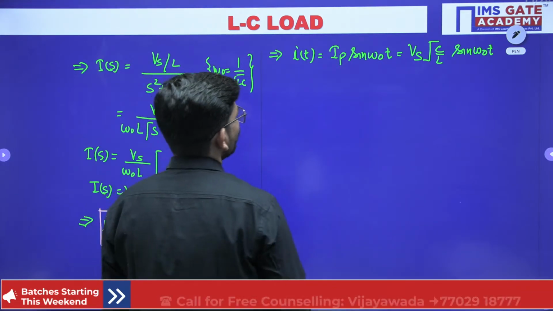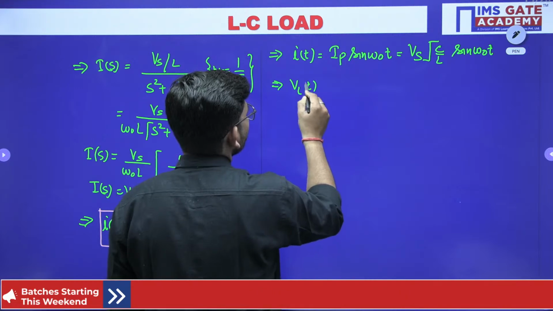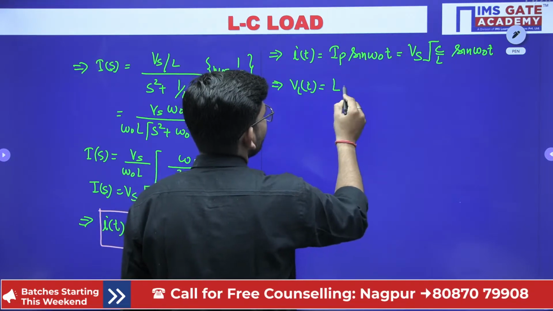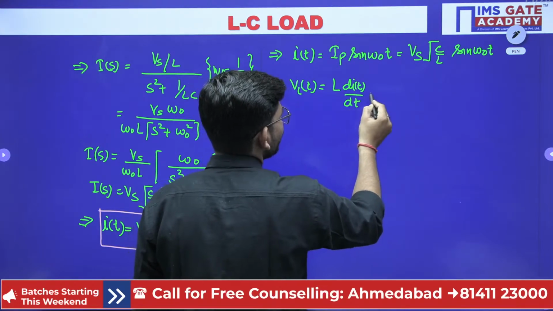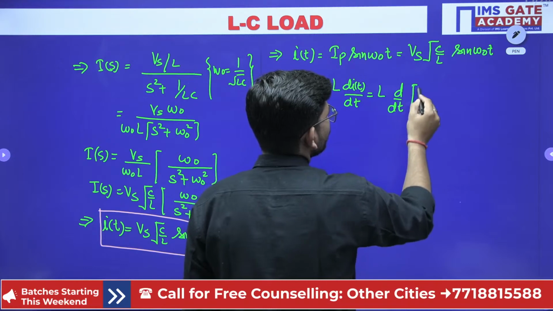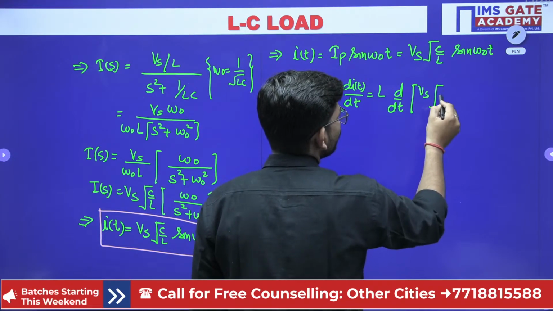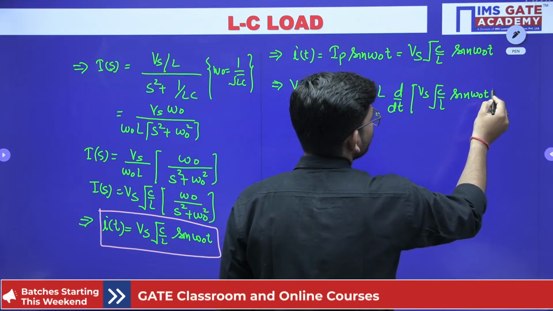Now iT we have obtained. What will be the inductor voltage? Inductor voltage will be L diT over dt. So just put the values here: L d by dt of Vs under root C by L sine omega naught t.